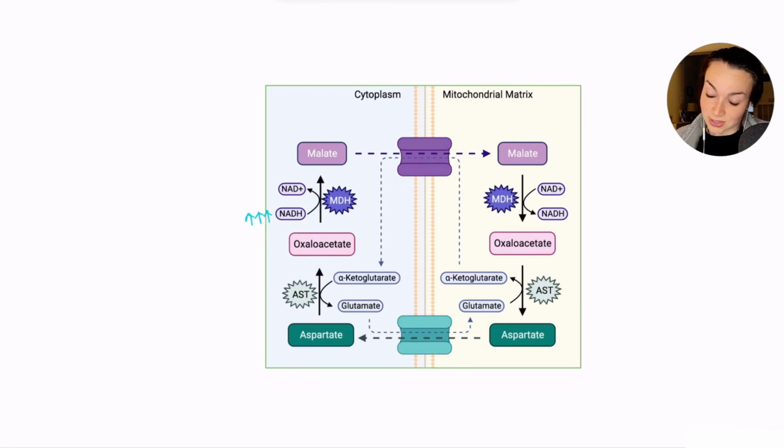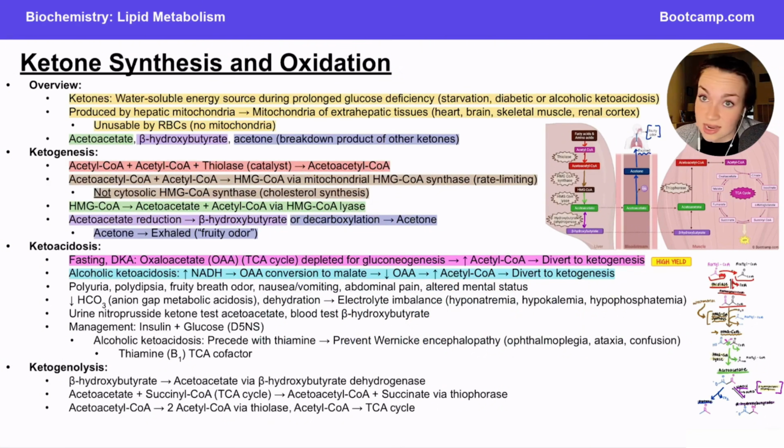But for this video, just understand that that increased NADH is going to favor this forward reaction, which was part of the malate aspartate shuttle, depleting oxaloacetate and turning it into malate. And that oxaloacetate depletion has the exact same effect it had when we talked about the fasting state and DKA. Causes a buildup of acetyl CoA that shunts over to the ketone synthesis pathway.